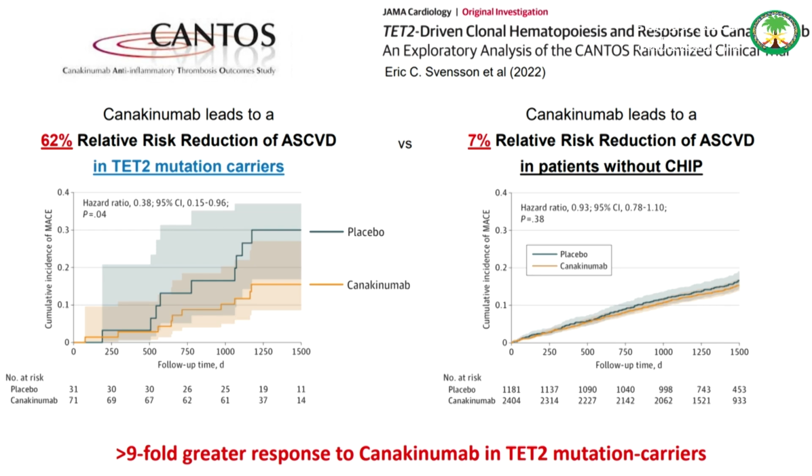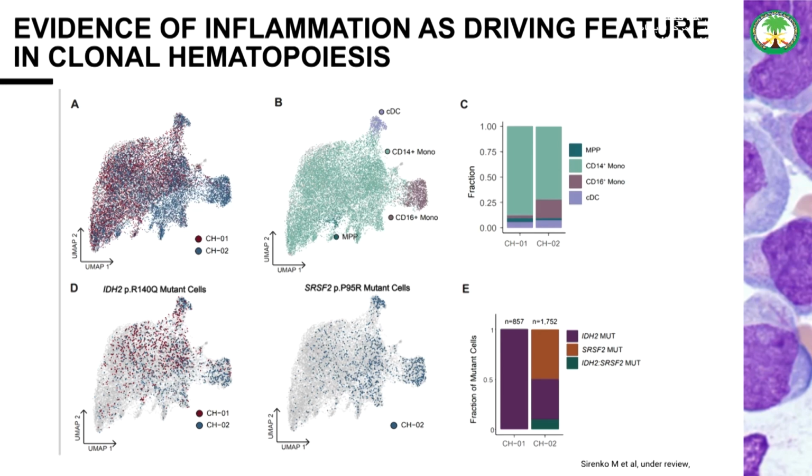So there is something, especially with TET2, where these patients might benefit from IL-1 beta blockade, and there are ongoing trials at several centers that try to see if patients with high-risk CCUS might benefit from canakinumab to not progress to MDS.